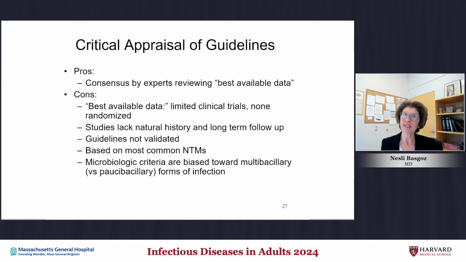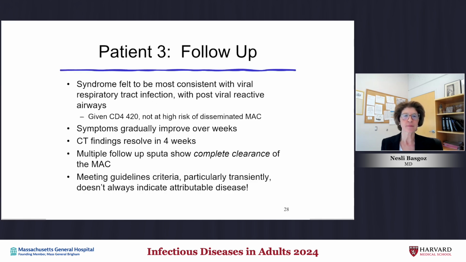They're not validated guidelines like the Duke criteria in endocarditis. They are biased towards the most common NTMs, and they're also biased towards multibacillary disease, meaning detection of organisms, versus paucibacillary or low organism load, high inflammatory disease. So clinical judgment is paramount in using these guidelines.